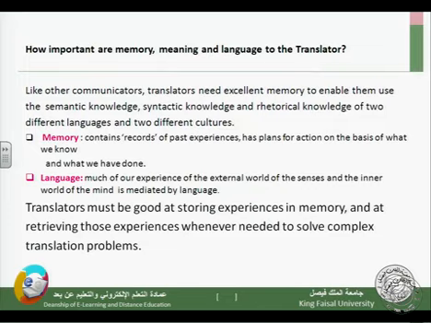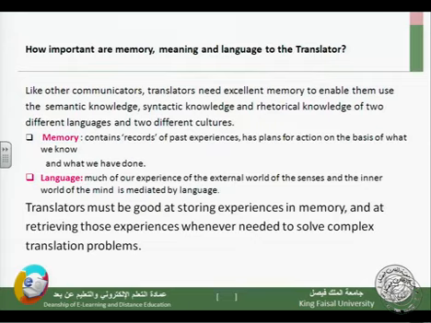So, as far as memory and meaning and language are concerned, the translators must be good at what? At storing experiences in memory and at retrieving those experiences whenever needed to solve complex translation problems.